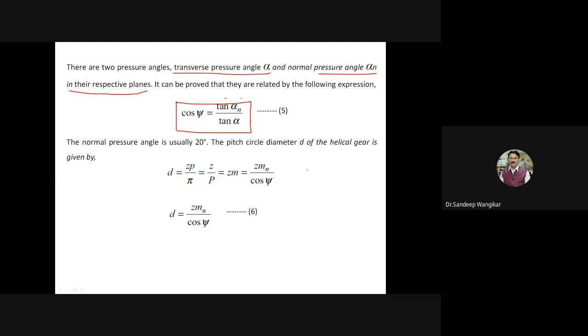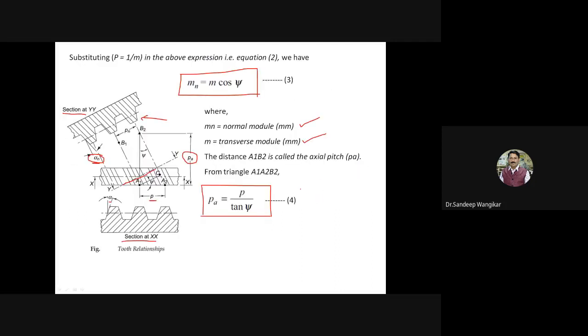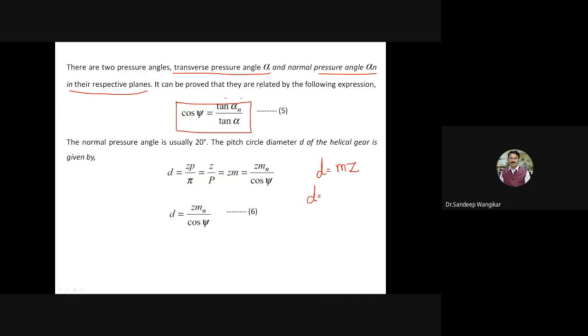Then now we will go for finding out the pitch circle diameter. So we are using D is equal to mz. I have to replace this m in terms of the normal module. From this expression number 3, I can say m is equal to mn divided by cos of psi. So I have to put the normal module.